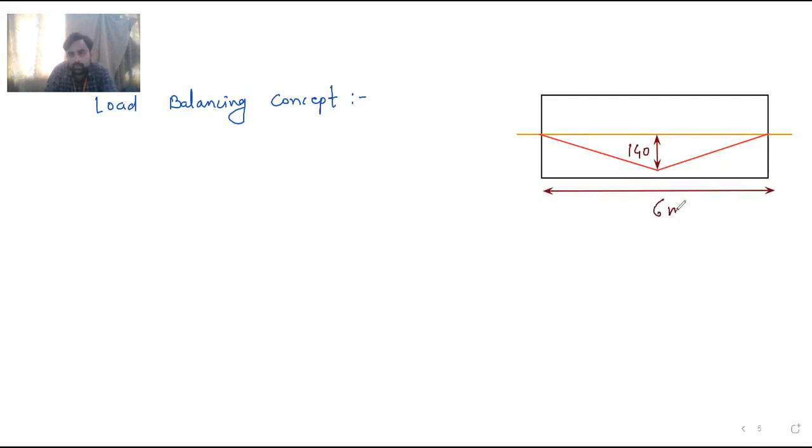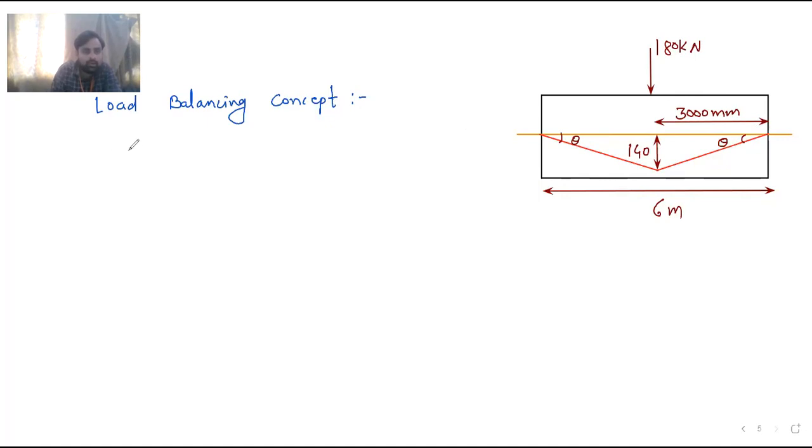Now this total span is 6 meters. At the top, a point load is acting exactly at the center, 180 kilonewton, and half of the span is 3 meters, which is 3000 mm. Now your theta angle is situated over here. This angle is theta, this is also theta. As we know, in the case of a bent tendon, this theta angle is very, very small. So tan theta is nearly equal to sin theta, which is nearly equal to theta.